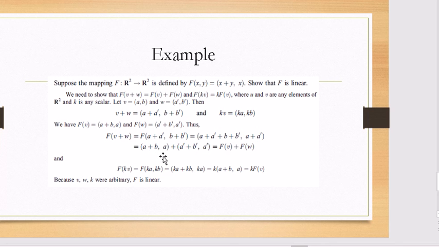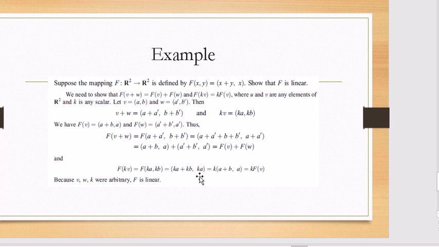Here we see that this pair is the same as f of v and this pair is f of w. Here you can see, and f of kv equals f of, here we first multiply k with a vector v, multiplying this we get this, and now we apply f according to the given definition in the question.